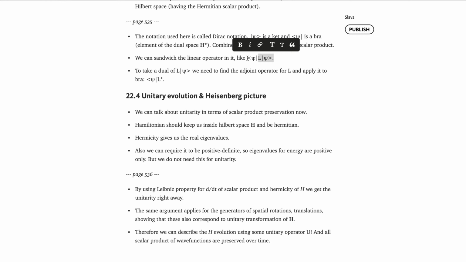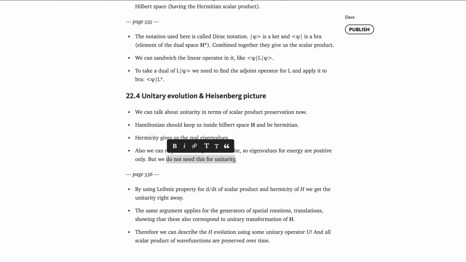So if you sandwich it inside that thing and place H here, that should be greater than 0, and such an operator will have only positive eigenvalues, which means that we will obtain only positive real numbers for the energy levels, but we do not need this for proving the unitarity.